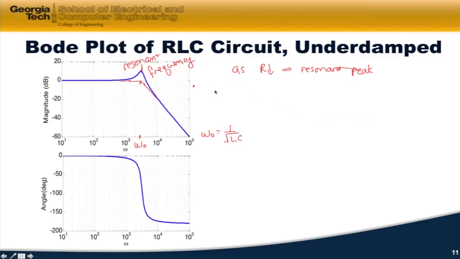At that point, the output amplitude is greater than the input amplitude, in the resonance region. The smaller R is, the higher the peak.